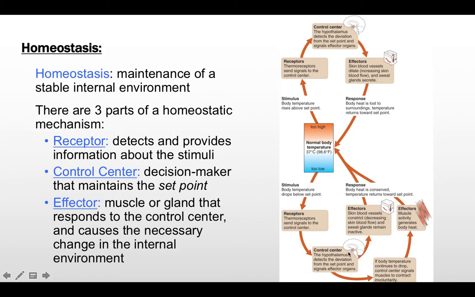It doesn't want our body to get to 90 degrees before we do something about it. And then it says, okay, I've got a plan. I'm going to tell the blood vessels to shrink a little bit and preserve their heat, and then I'm going to tell the muscles to shake, essentially shivering. Both of those things create a response that produce body heat and get you back to your set point of 98.6.